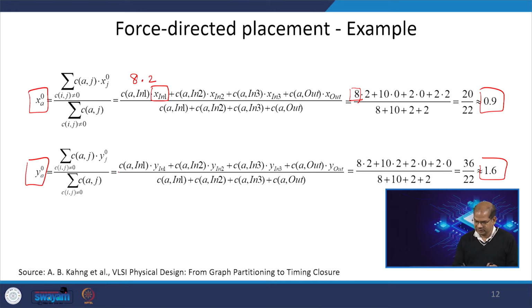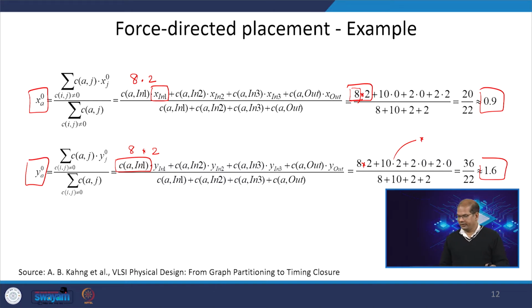Similarly, if you can see C a in 1, what is the weight of this one? Weight is 8 and this is also 2. So here we have 8 into 2, 8 into 2, and here 8 into 2. These dots are not floating point numbers, they are just multiplications.